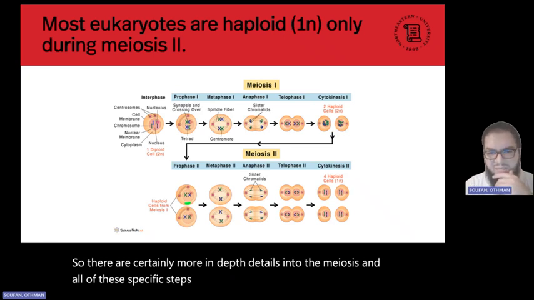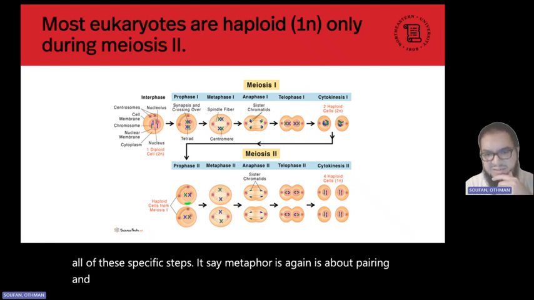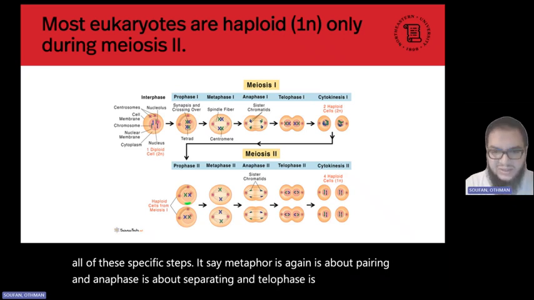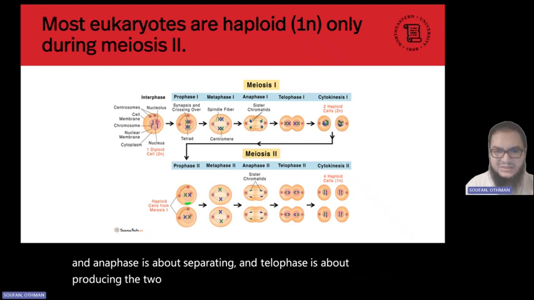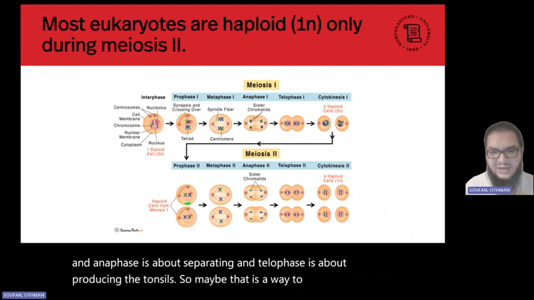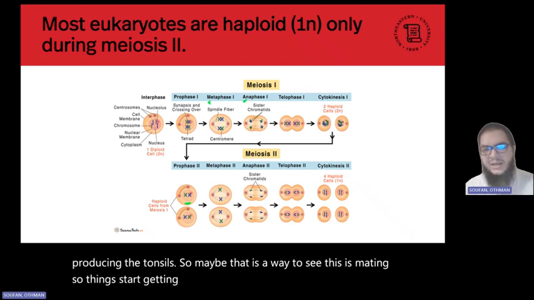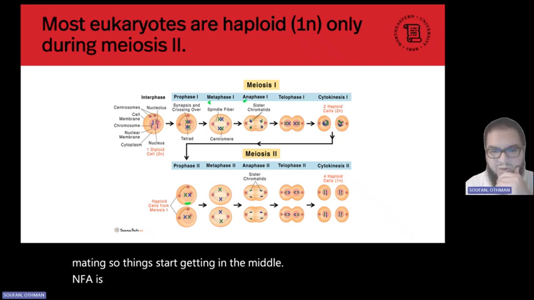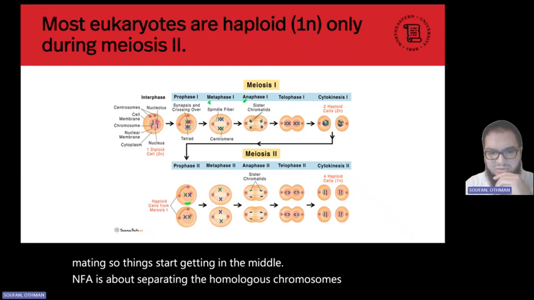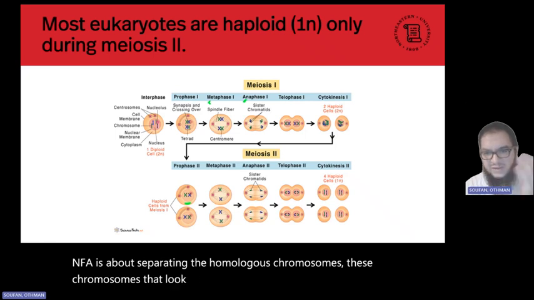Let's say metaphase, again, is about pairing, and anaphase is about separating, and telophase is about producing the two cells. So maybe that is a way to see this. Metaphase is mating, so things start getting in the middle. Anaphase is about separating the homologous chromosomes, these chromosomes that look exactly like each other.